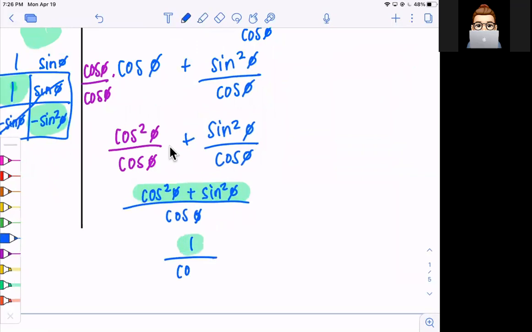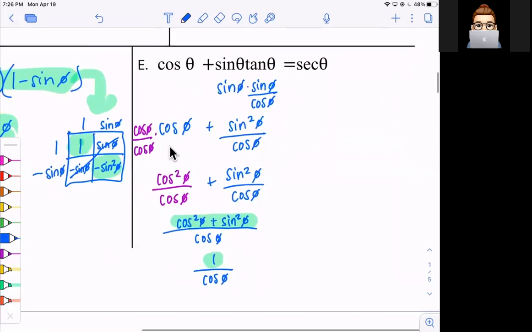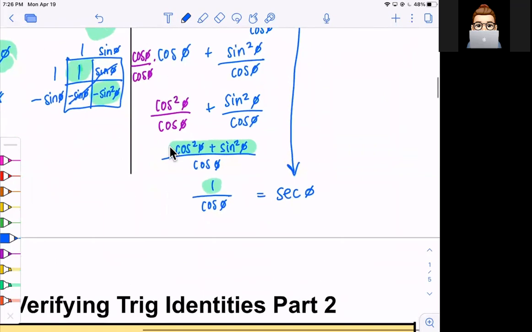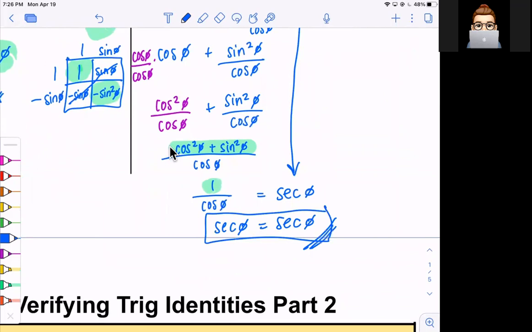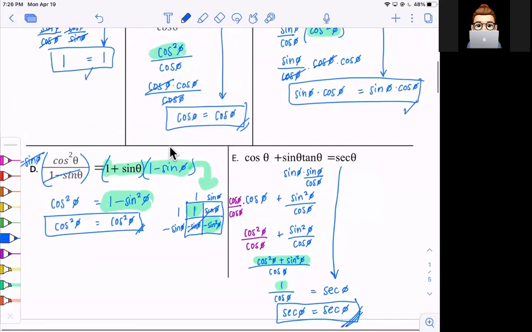Still have cosine theta on the bottom, and it should be equal to secant theta coming straight down. And we know that 1 over cosine is secant theta. Yay. So we have verified that they are correct.